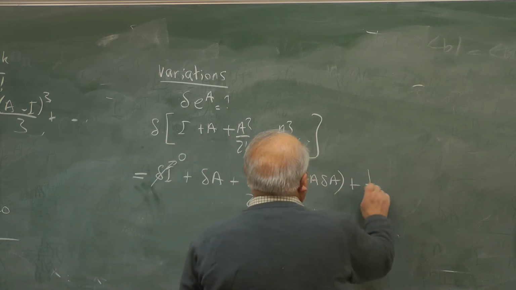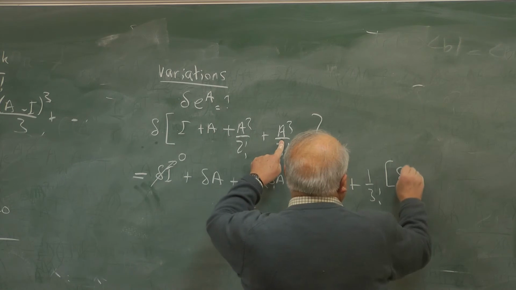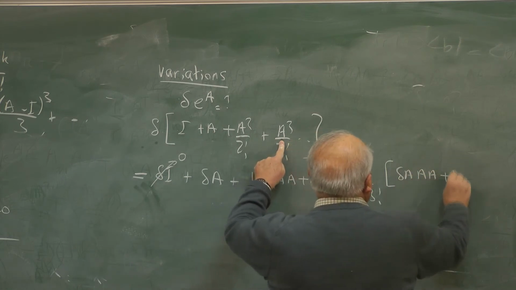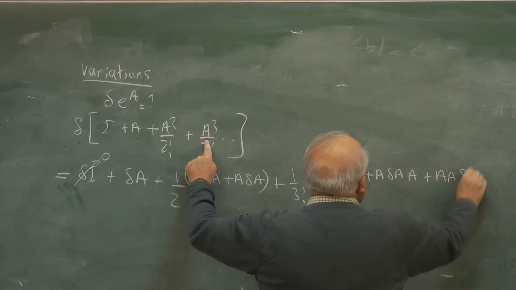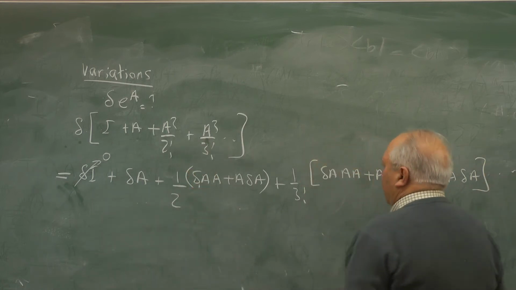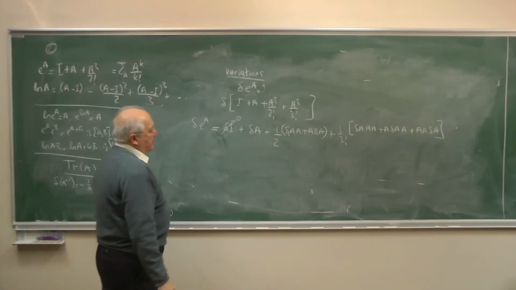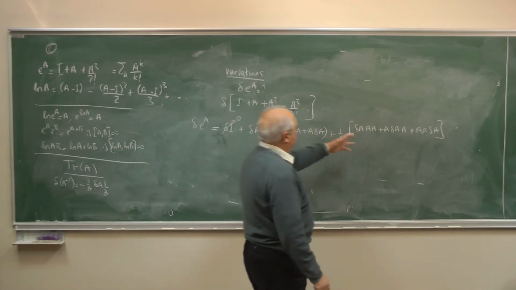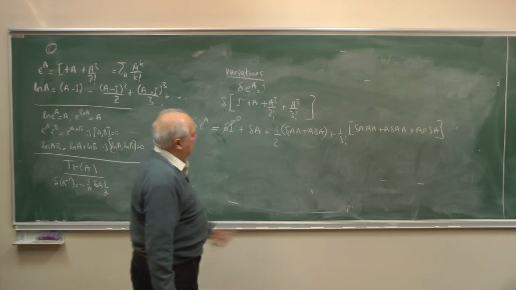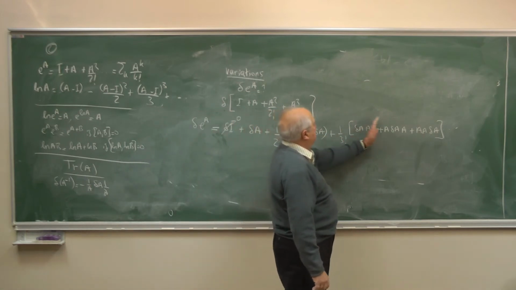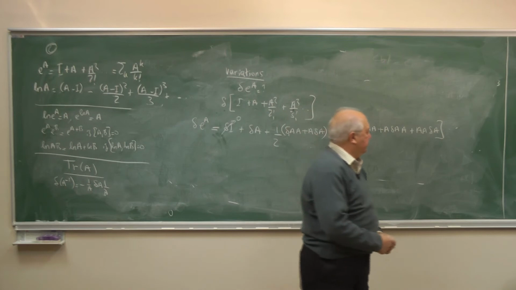This is 1 over 3 factorial times, I'm affecting, so it is delta A plus A delta A plus A delta A, etc. So this is delta e to the A. This is the third term, and we have infinite terms, and delta is within every power, visiting the inside, and they are not commuting, they are not equal.